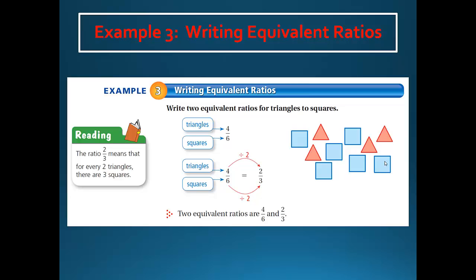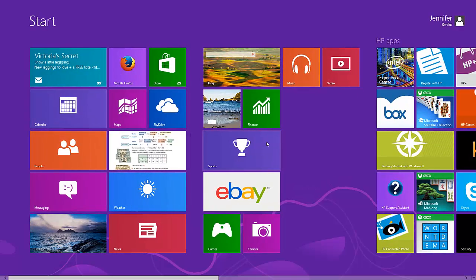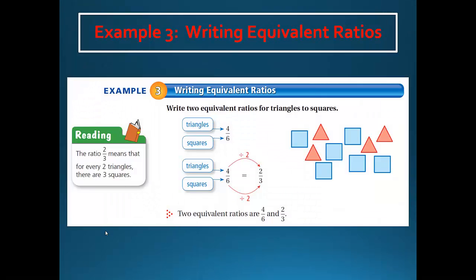To write an equivalent ratio, we can either multiply or divide. We're going to multiply or divide both the numerator and the denominator by the same number. So we can divide both the numerator and denominator by 2.